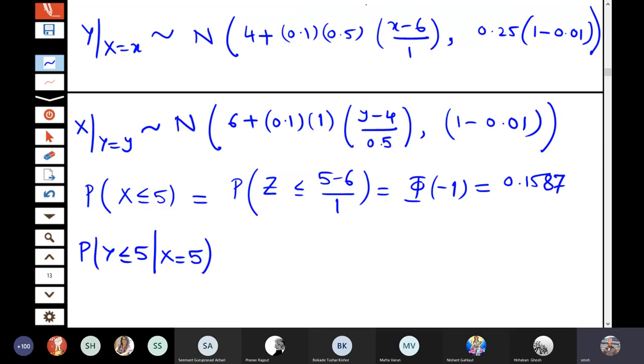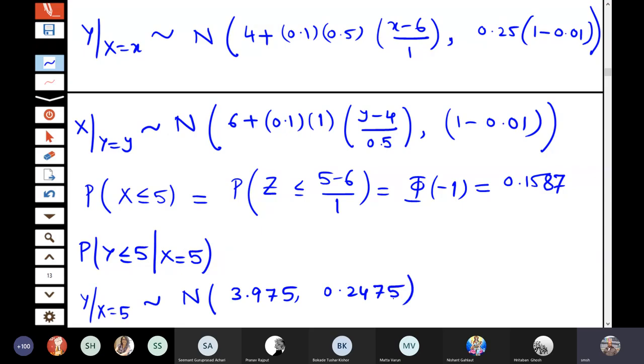So if I put small x equal to 5, that is y given x equal to 5, then you can do this calculation here: 4 plus 0.1 into 0.5 into (5 minus 6) by 1. This simplifies to 0.05, so it becomes 3.975. Similarly, this part you can simplify, that will give me 0.2475.